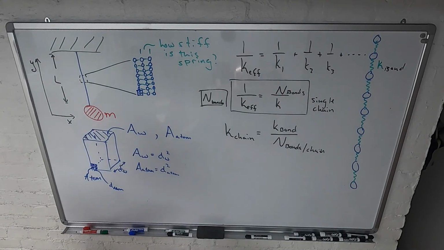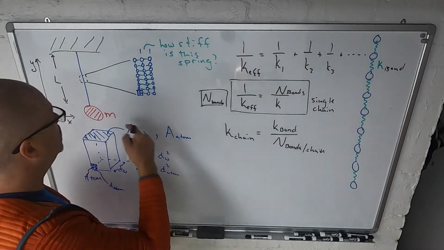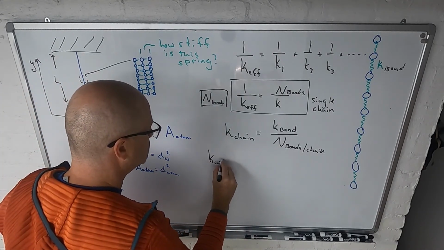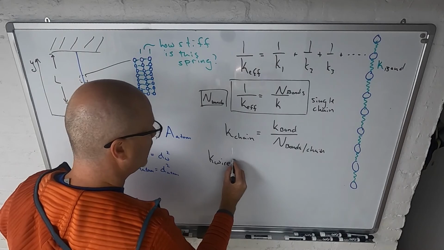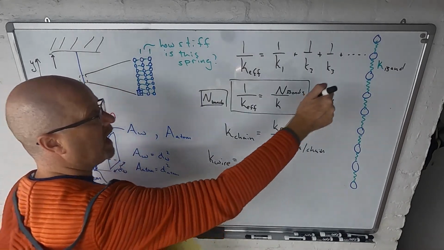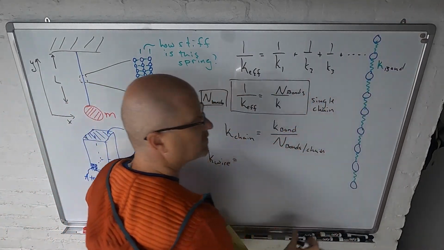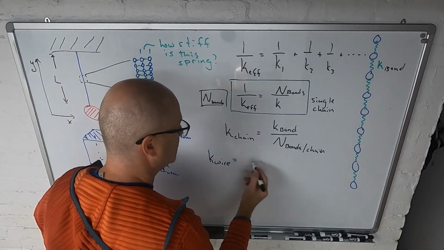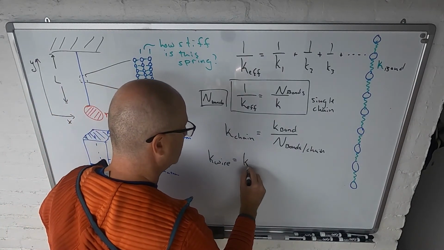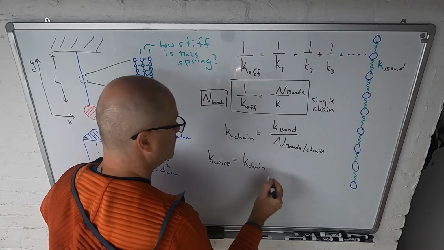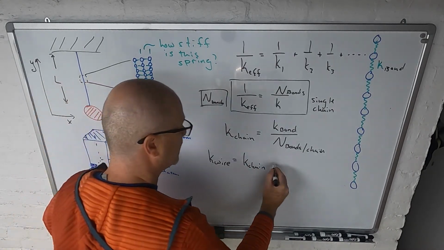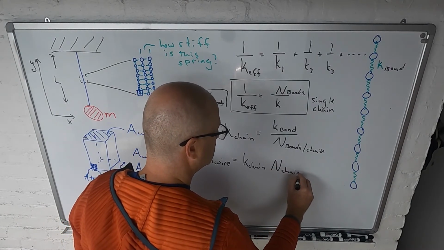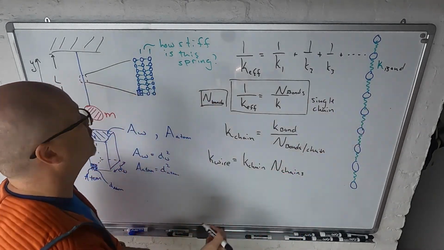Okay. Now, if I want to know the K of the wire, all I have to do is figure out how many chains I have in my wire. If I know the K of a chain, now all I have to do is multiply that by the number of chains, because these would be in parallel.